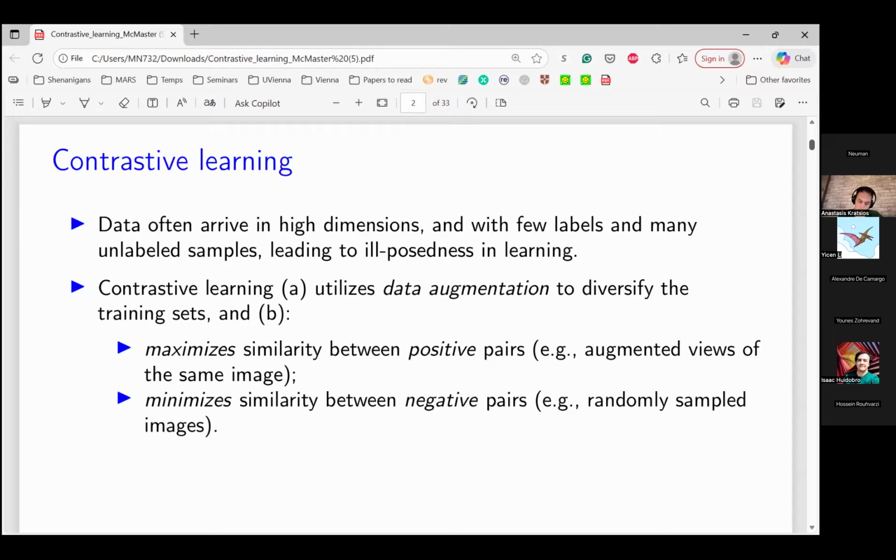So what is contrastive learning? Contrastive learning is one of the modern techniques that allow you to directly manipulate the unlabeled data set. It does so by doing two things. First, it diversifies the training set by a process of data augmentation. By data augmentation, you can imagine that you have little n images, and you put them through a black box process where you perturb the images, or rotate them, or change their colors.